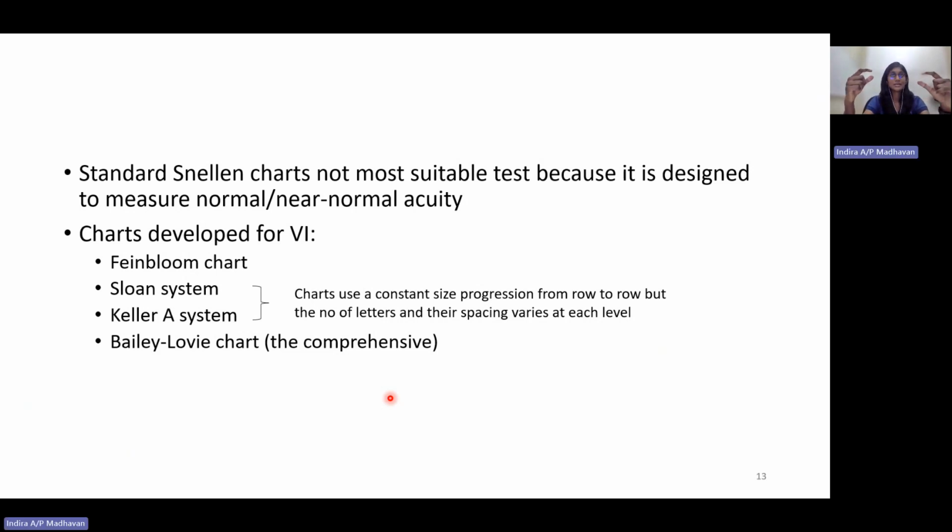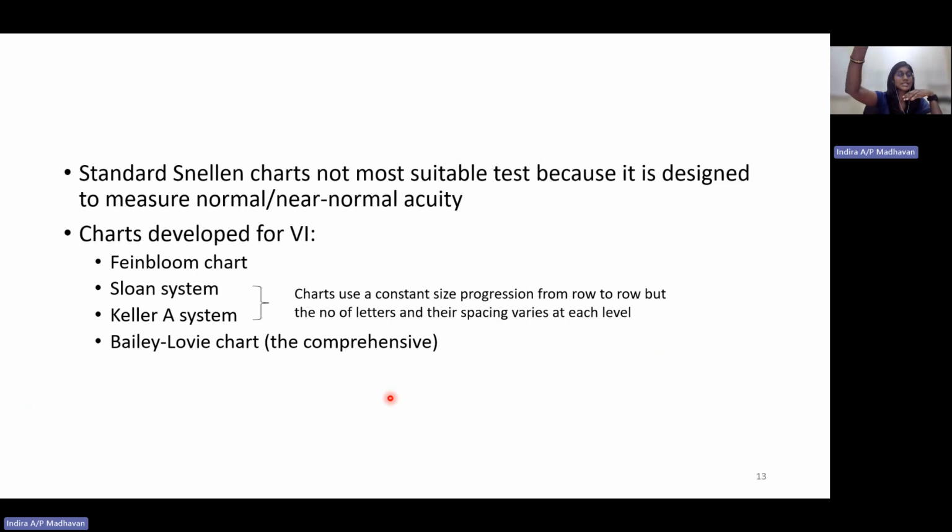Okay, like for example, this is just an example, 6/60, 6/50, 6/40, 6/30, 6/20, 6/10. Okay, so that is the progression, row to row, but the number of letters in the chart is not similar.